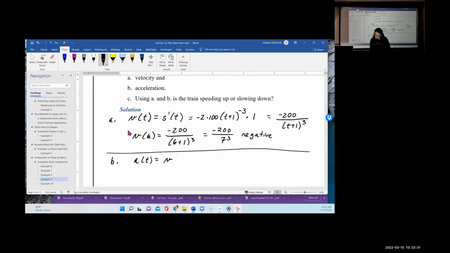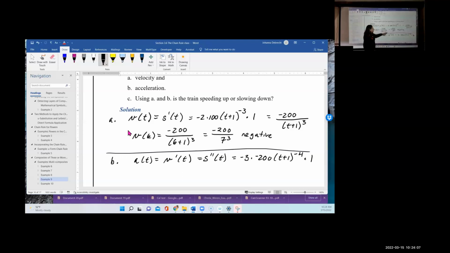Acceleration is the derivative of velocity, and it's the second derivative of position. So it's s double prime. Now I can write this using this first one. I can take the derivative again. This is basically negative 200 t plus 1 to the negative 3. So I can pull the negative 3 to the front. So this becomes negative 3 times negative 200 times freeze the inside and reduce the power by 1 times derivative of the inside.